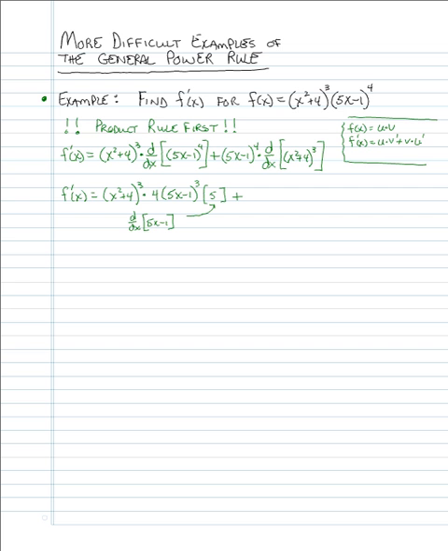Okay, plus. Well, now we have the 5x minus 1 with the power of 4 on it, and we have to find the derivative of x squared plus 4 with the power of 3 on it. And to do that, we have to use the general power rule. So we bring down the exponent 3, and we put a new exponent on the parentheses of 2, decreasing the exponent.